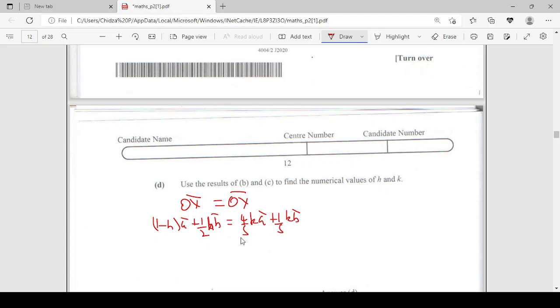That is the one that is in C. So the next thing is we are going to compare coefficients of A, or you can say equate them. So you will have 1 minus h on the left side, and you have 4/5 k on the right-hand side, and that becomes your first equation there.